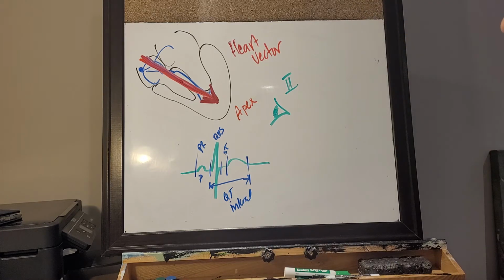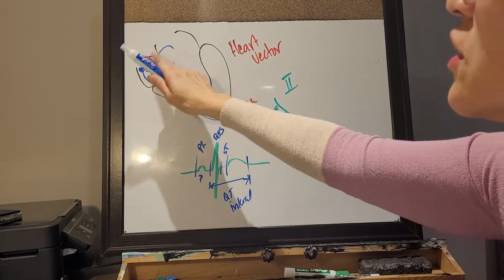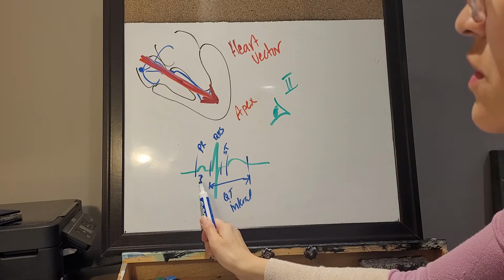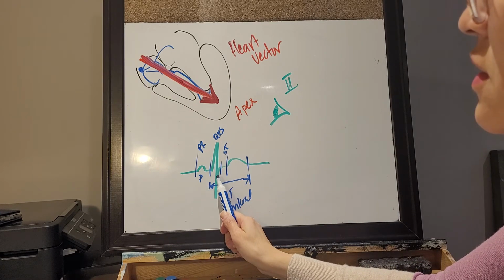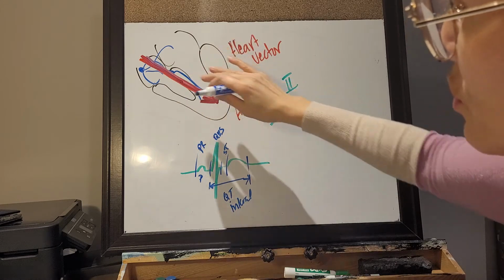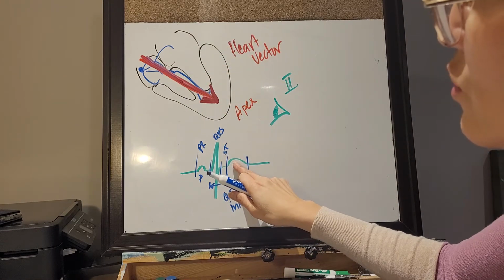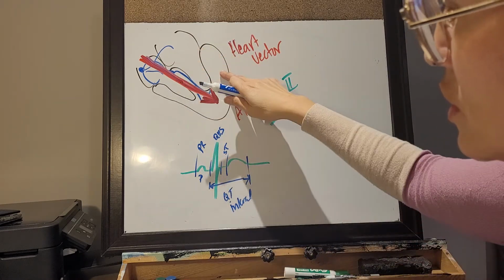Okay. Where the P wave is the initial atrial depolarization, the QRS is the ventricular depolarization, and the T wave is ventricular repolarization.